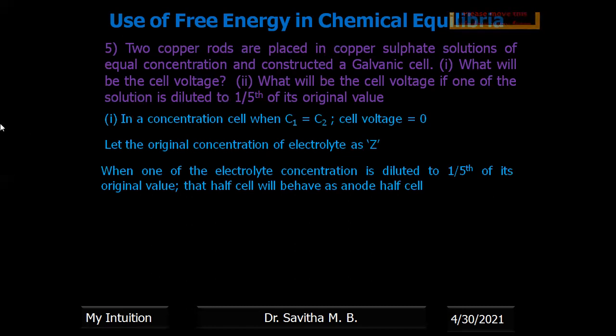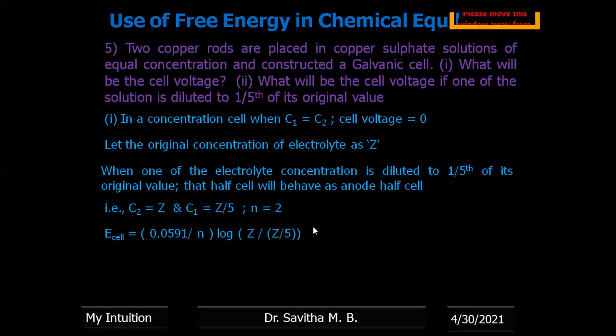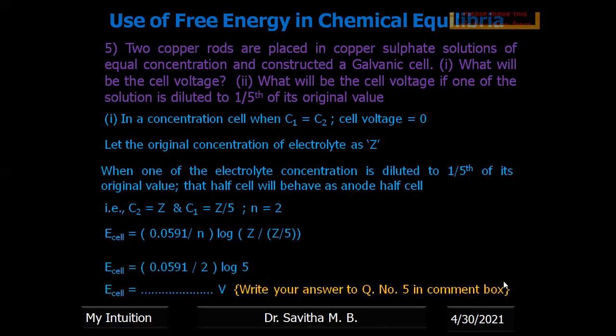So you take Z as the cathode, because the 5 times lower concentration will be the anode. So C2 is Z, C1 is Z by 5, and N is equal to 2 because copper sulfate is given, Cu2+. Substituting all this, we will get the answer. Again, please write the answer to verify. I will share the answer in my next video.